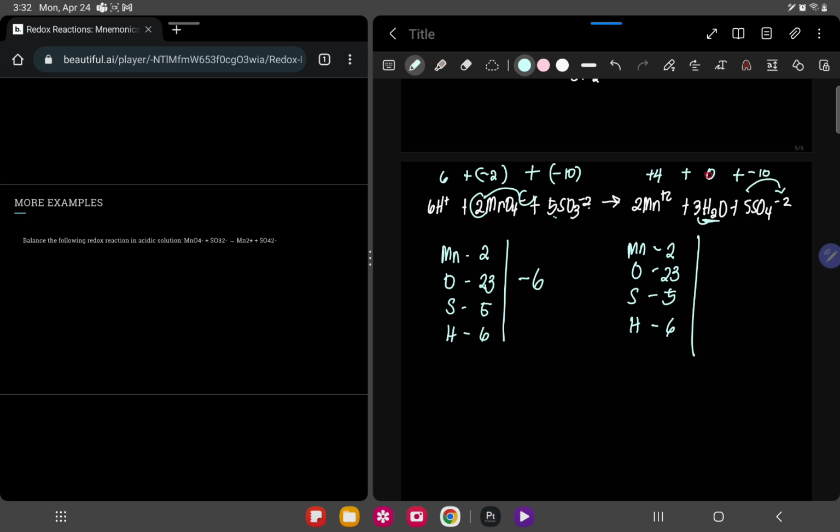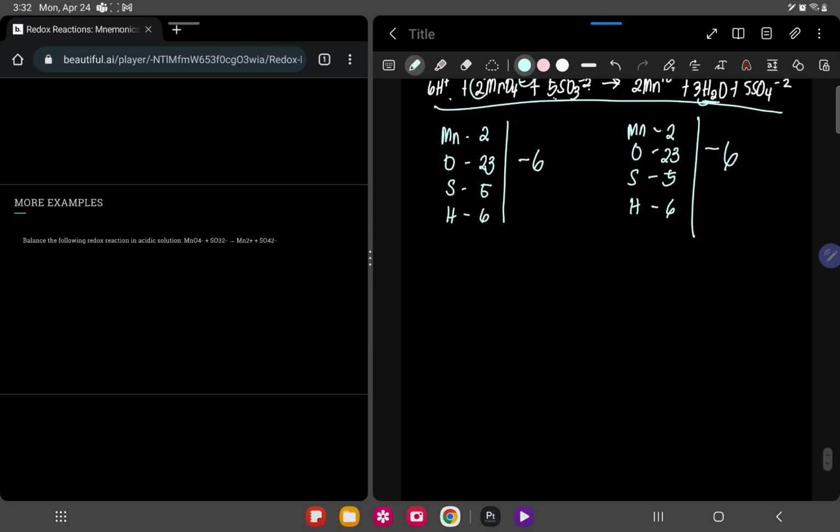So the total is negative 10 plus positive 4, that will be negative 6. So everything now is balanced. We have a balanced equation, a balanced atomic number, and also balanced electrons. So that's how you balance in an acidic reaction.